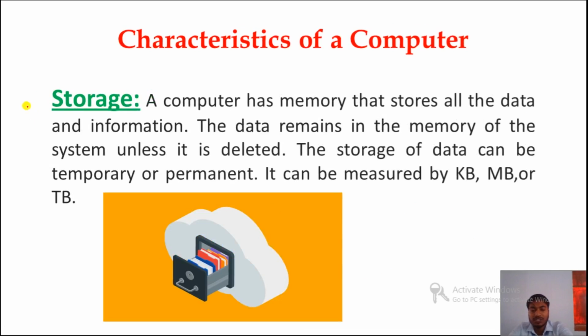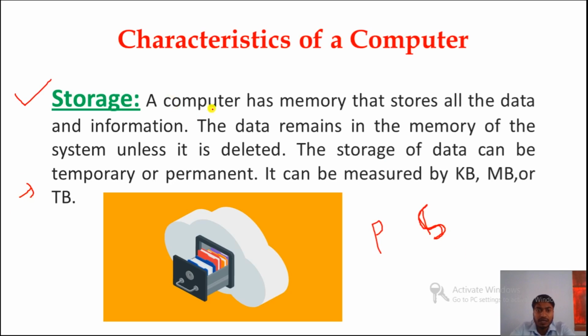Now we have storage, and this is a very important characteristic of a computer. A computer has memory. Let me tell you, a computer has two types of memory: primary memory and secondary memory. Primary memory stores the data temporarily, and secondary memory stores the data permanently.